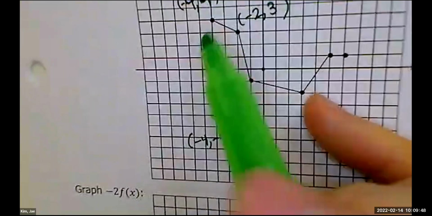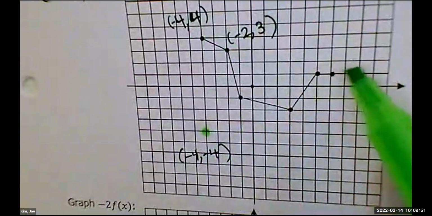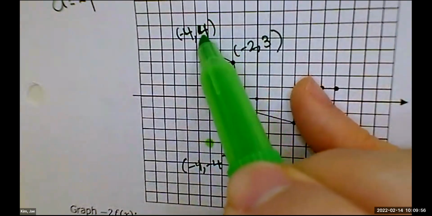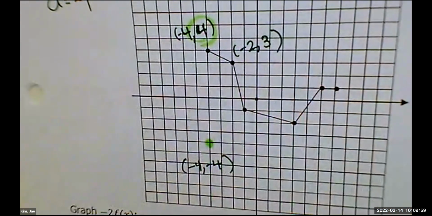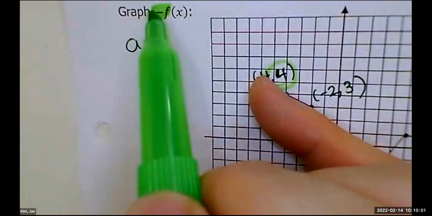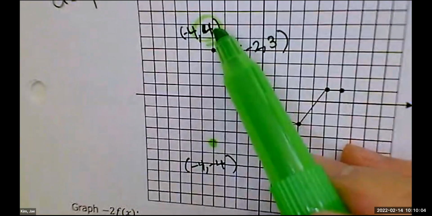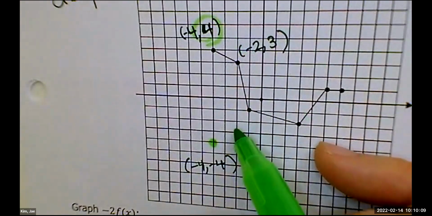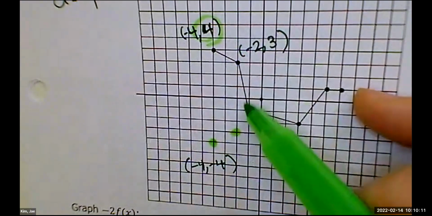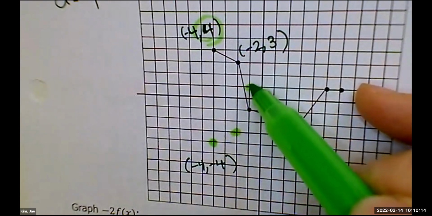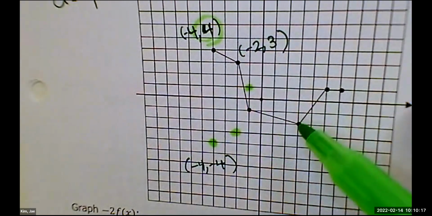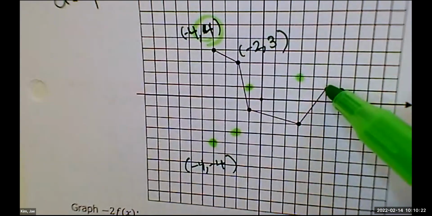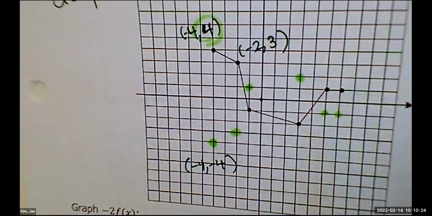And so take every single original plot on the function, take the Y value and multiply it with whatever number you have here. So this +4 is now a -4. This +3 is now a -3. A -1 is now a +1. A -2 is now a +2. And a +1 is now -1, -1.